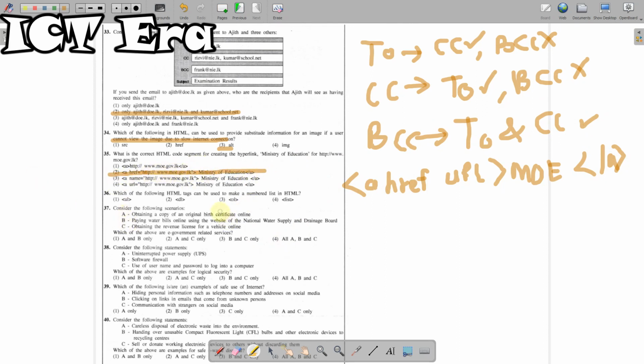Which of the following HTML tags can be used to make a numbered list? Ordered list can be used, and bulleted list you will. 37. Consider the following scenarios. Which of the above are e-government related services? So A, obtaining a copy of an original birth certificate online. So online can be taken.